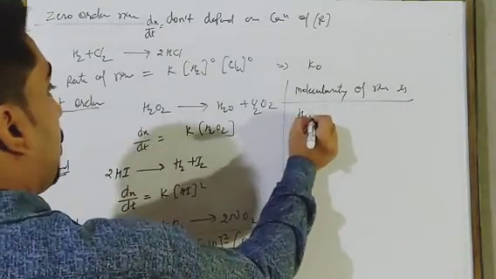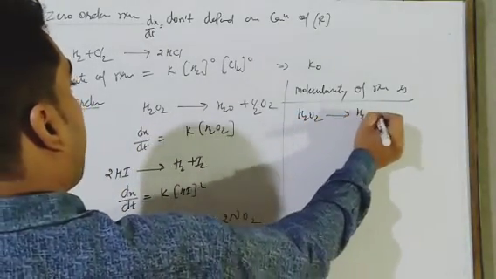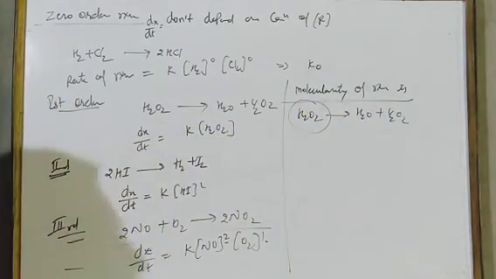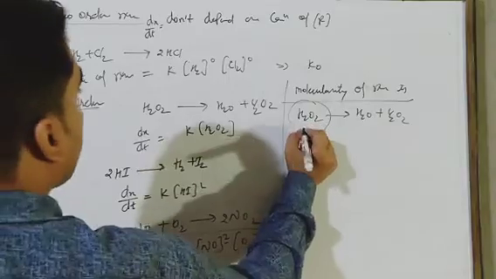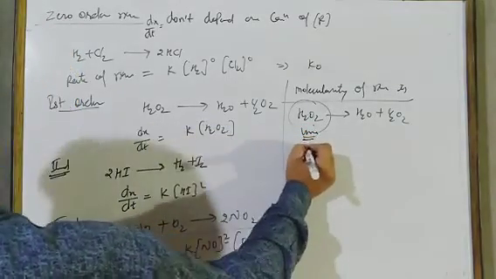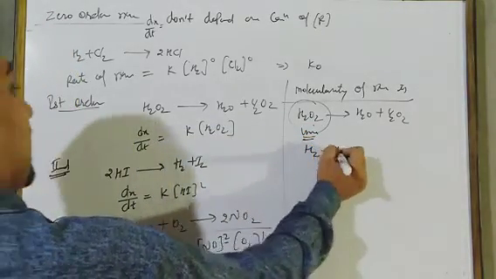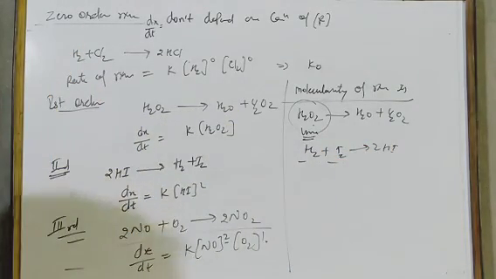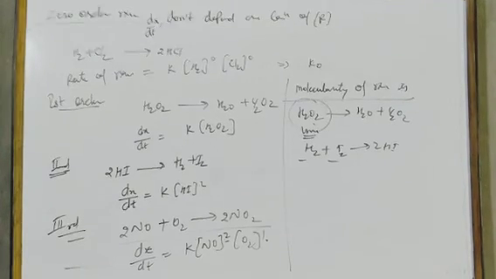Example, H2O2 dissociation forms H2O plus half O2. It means only one molecule is participating in this reaction, so it is a unimolecular reaction. Similarly, H2 plus I2 forms 2HI, so it is a bimolecular reaction because here there are two molecules, one of hydrogen and one of iodine taking part in the reaction.